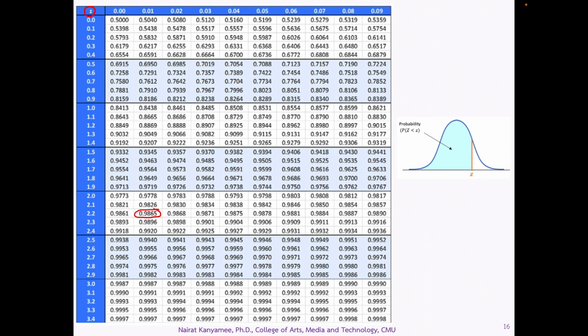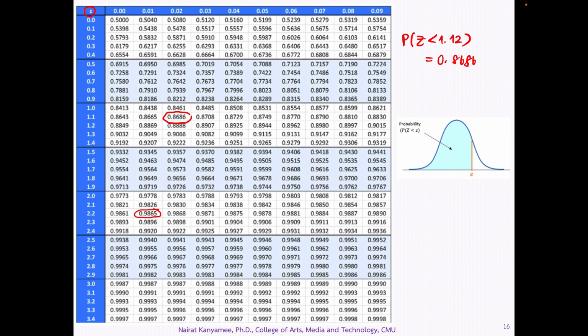Or for example, if you want to find P of z less than 1.12, from the table, 1.1 here, and then read the second place, which is 2, so 1.12 is here. It's going to be 0.8686 as a probability.